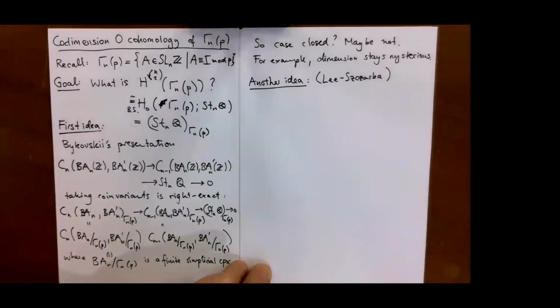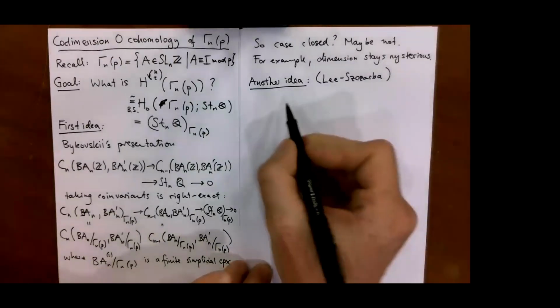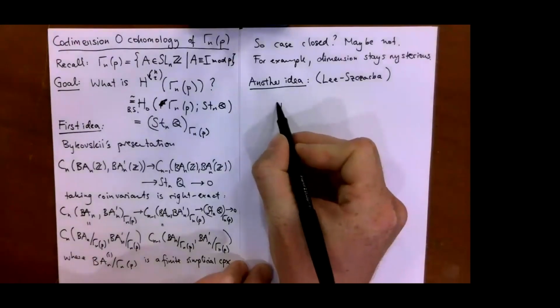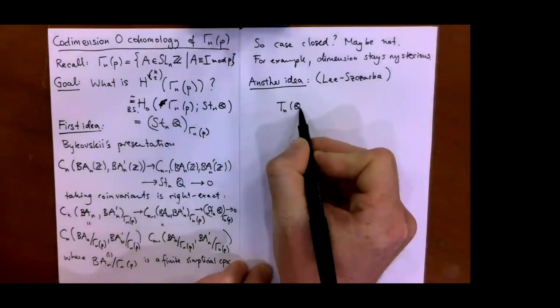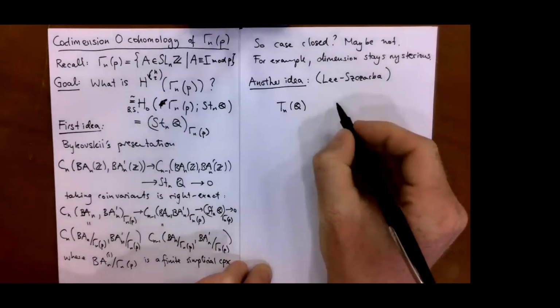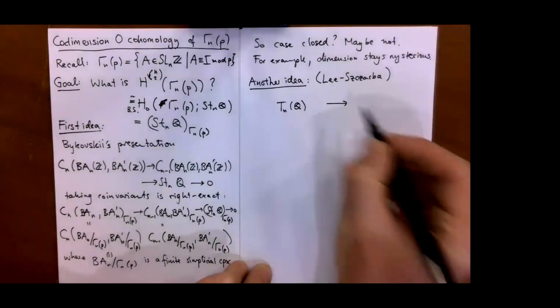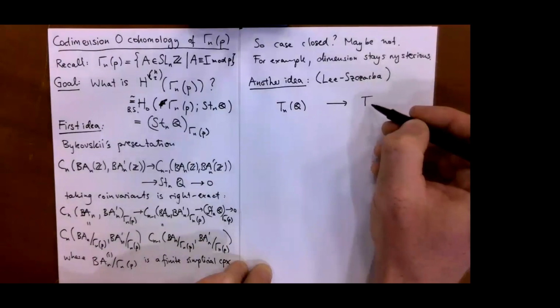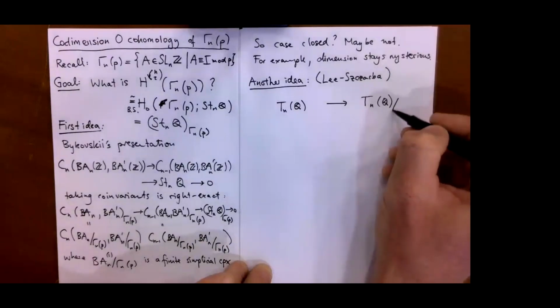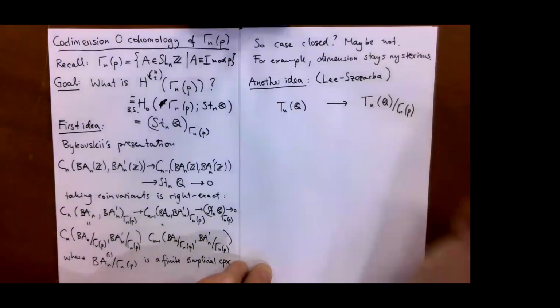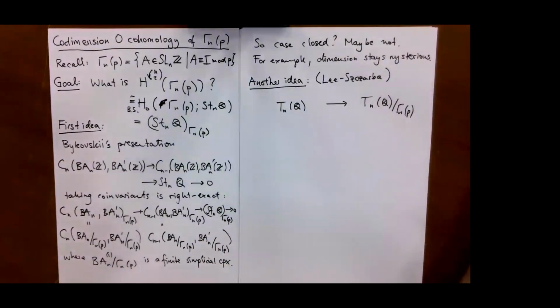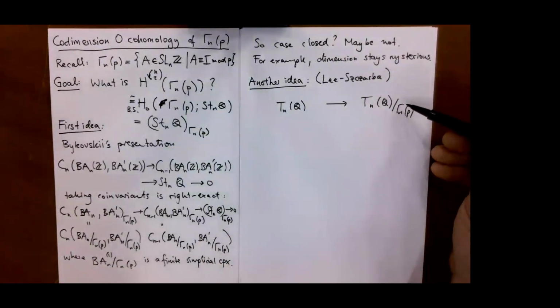So what's the idea? Let's take the Tits building, and then certainly there is a map from the Tits building to the Tits building mod Gamma_n(p). And again, this turns out to be a simplicial complex.